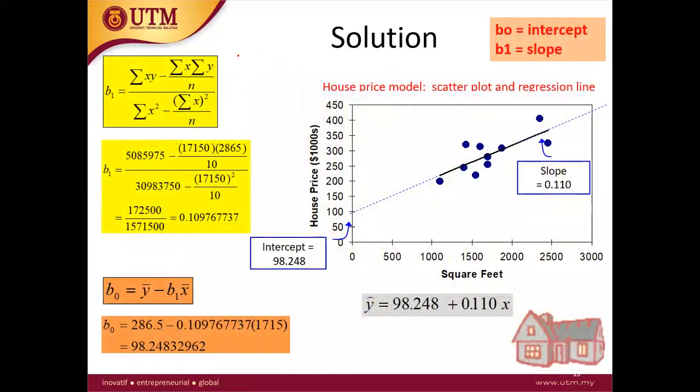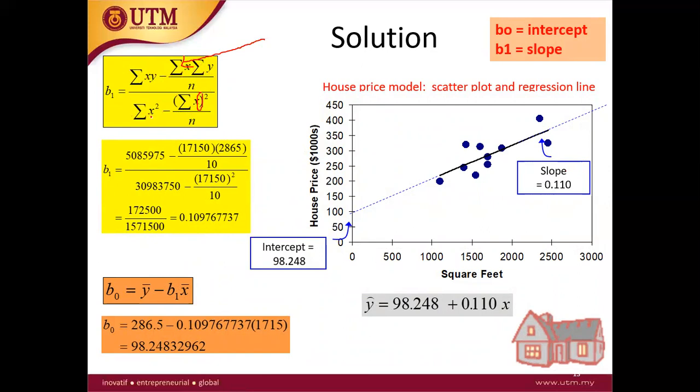Right, now we go to the calculation of the slope value. The formula is the sum of XY minus the sum of X times the sum of Y over N, divided by the sum of X squared minus the sum of X, squared, over N. See the bracket here.